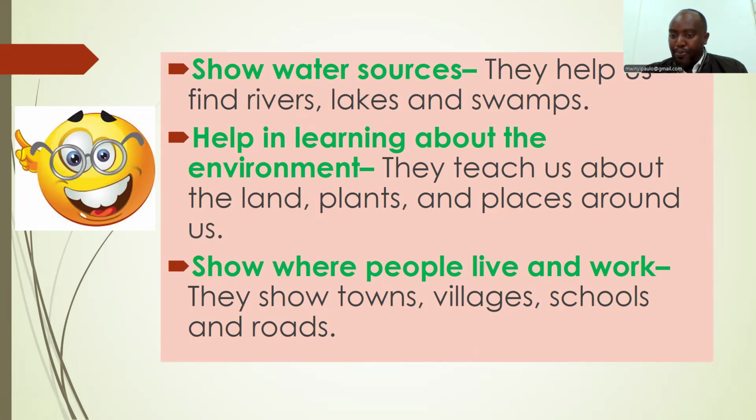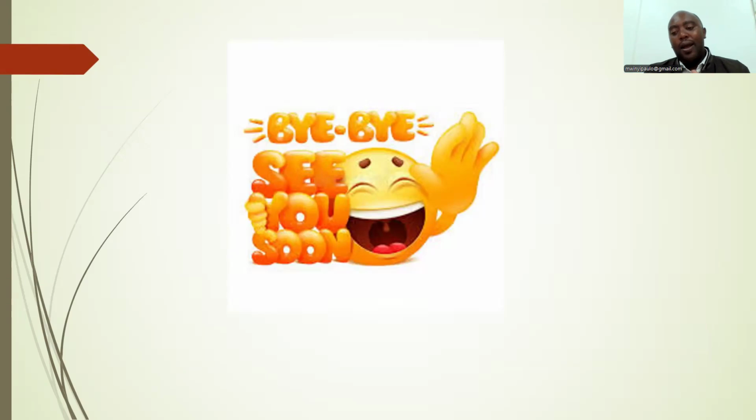My dear learner, it's very important to note that topographical maps help us in learning about the environment because they teach us about land, plants, and places around us. In addition to that, topographical maps show where people live and work because they show you towns, villages, schools, roads, and other residences on the topographical map.